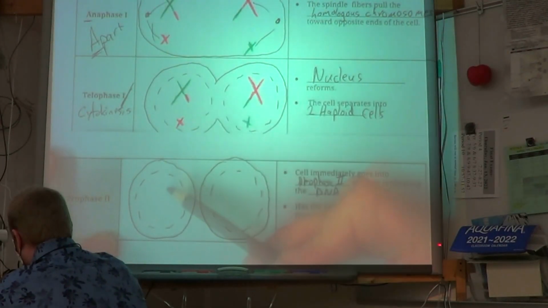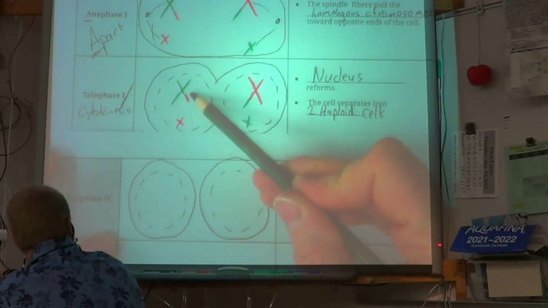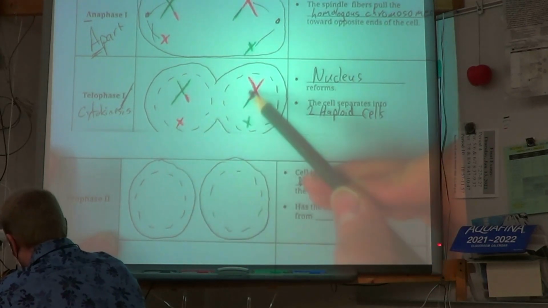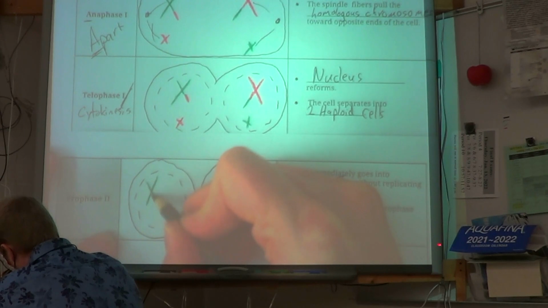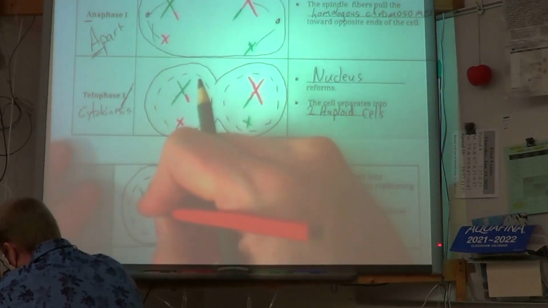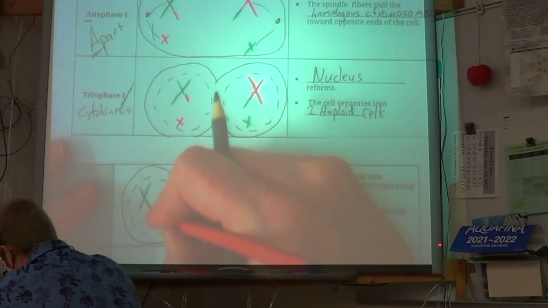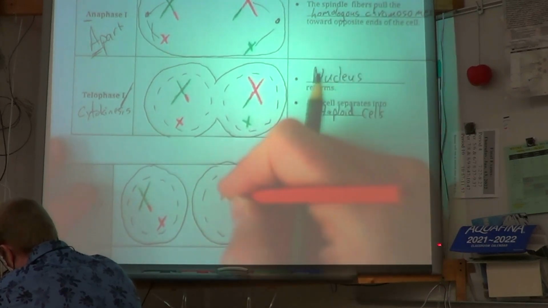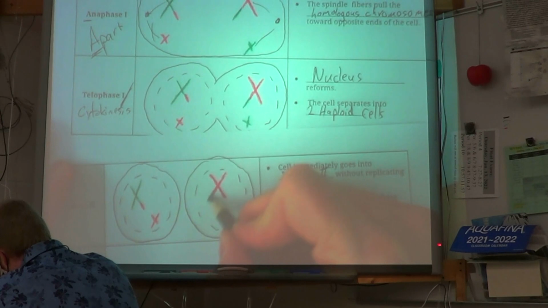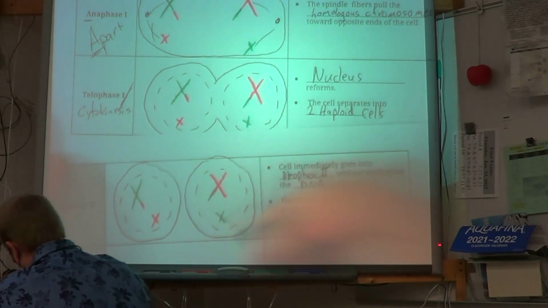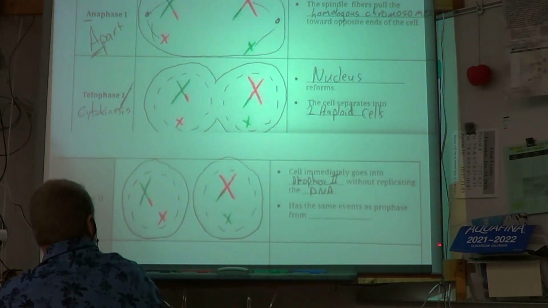So all I'm going to do is draw this chromosome combination here and this chromosome combination here in its separate cell with the nucleus reforming. Okay.